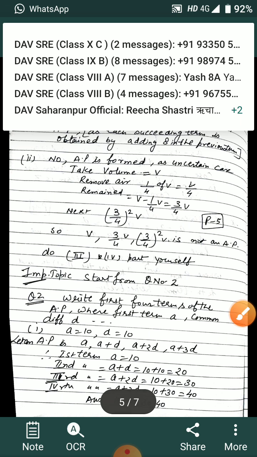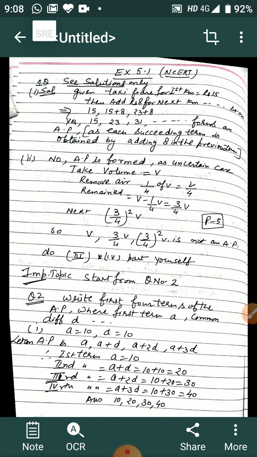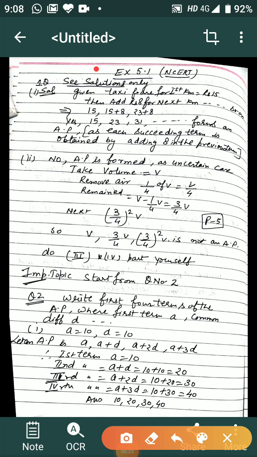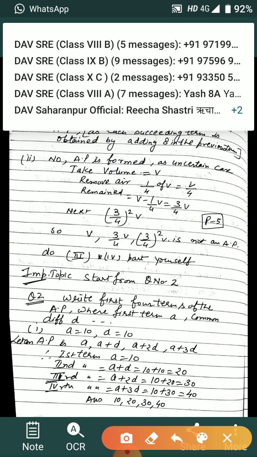I have done exercise 5.1 for you. See exercise 5.1, and you can see the questions from the book. The first question is not important from the examination point of view, so I have done the two parts. You can read it from there.